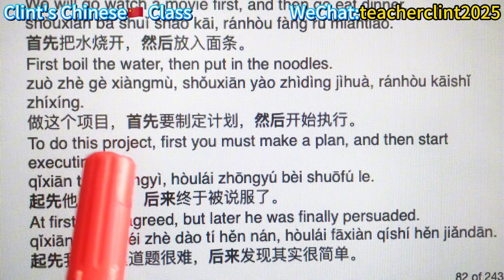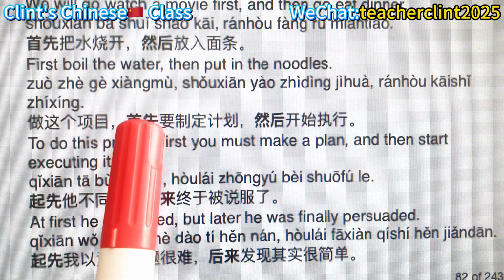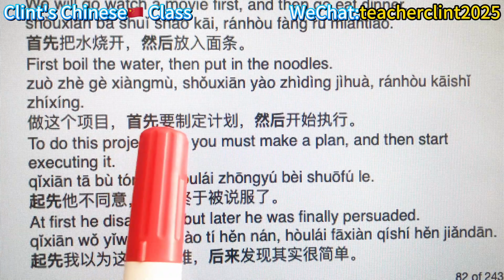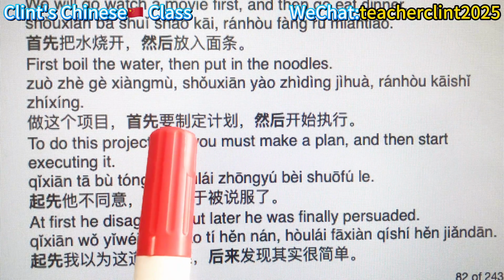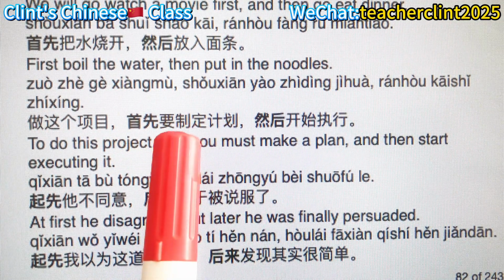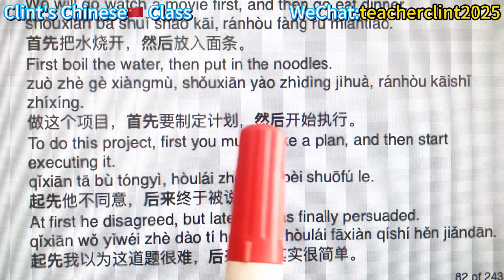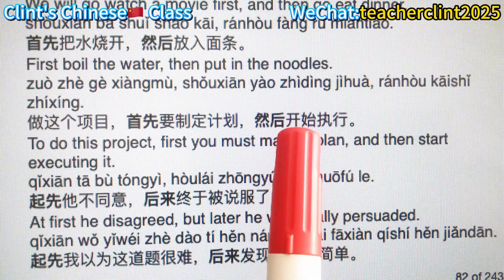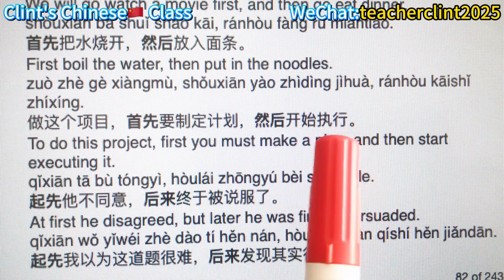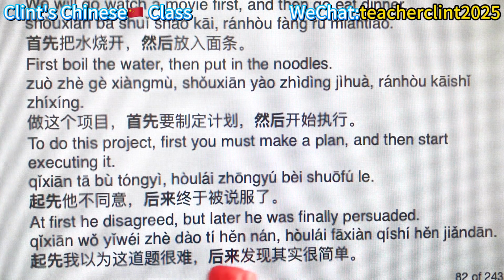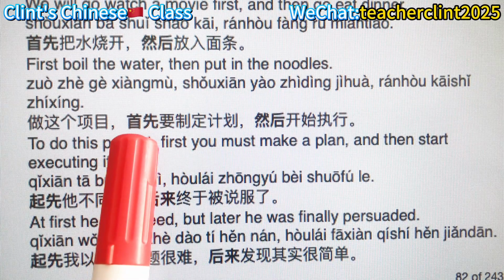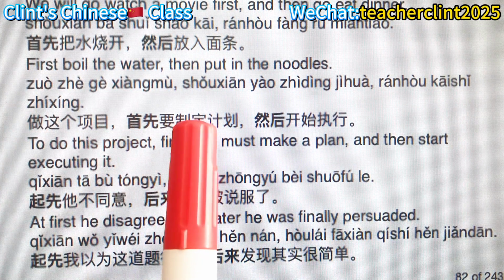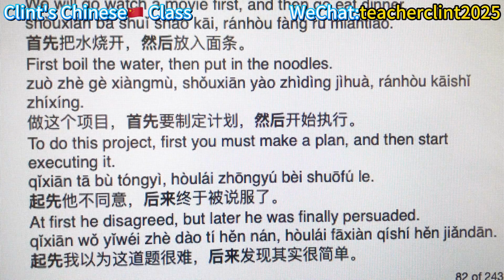This project. 首先 first. So we use the conjunction again. First, 要 or you need to 制定计划 制定 make 计划 plan. 然后 then and then 开始 start 执行 executing or implementing. We use this conjunction 首先 然后 first and then to connect the two steps or two actions.